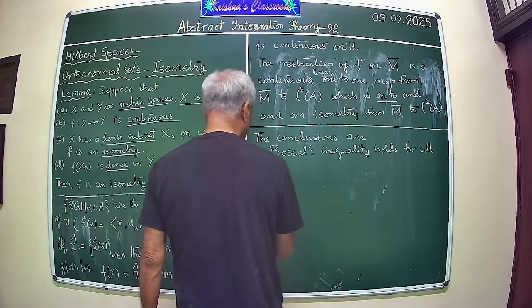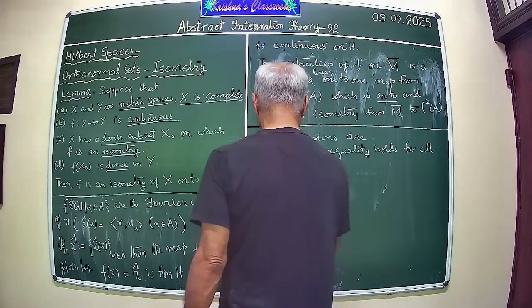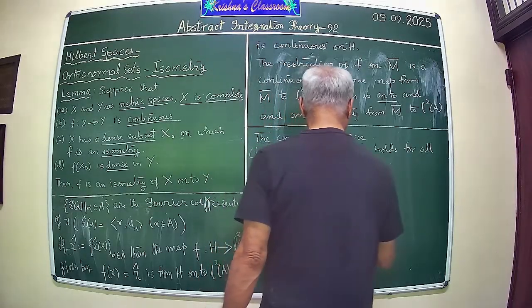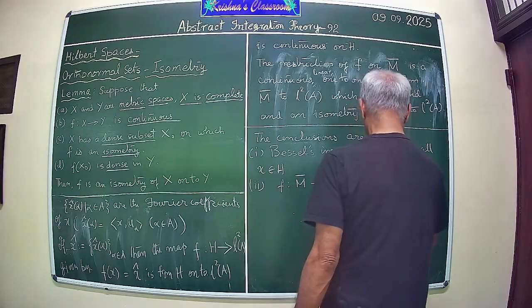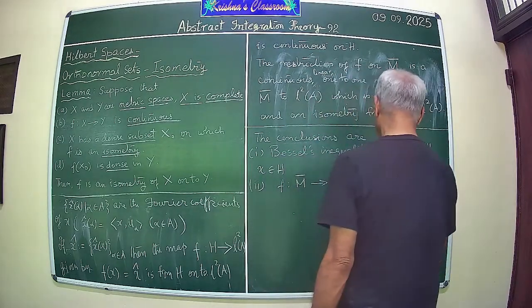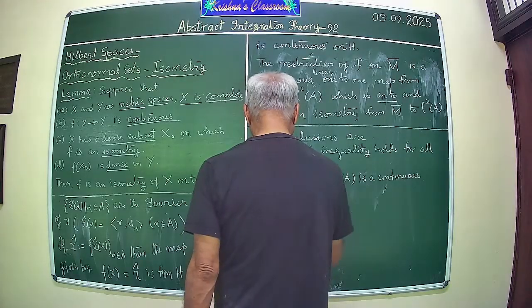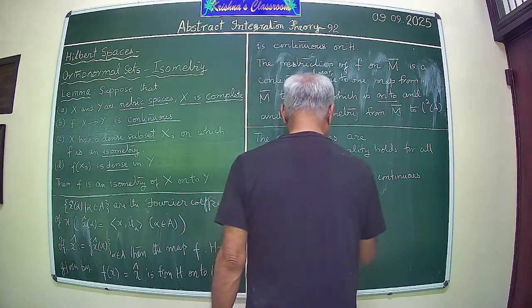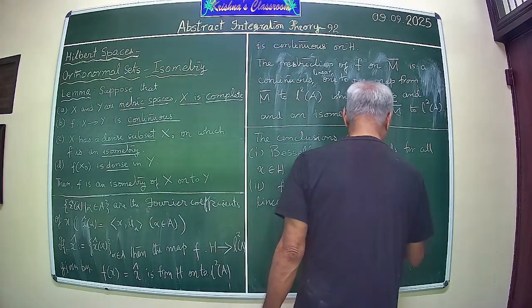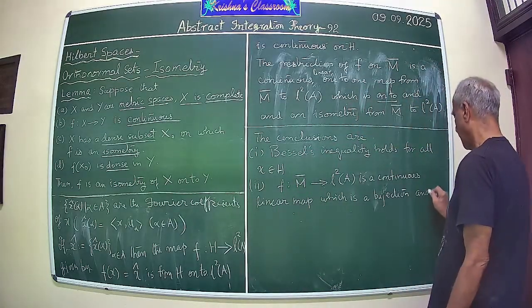Second one is that it is a continuous linear map which is a bijection, which means it is one-to-one and onto, and an isometry.